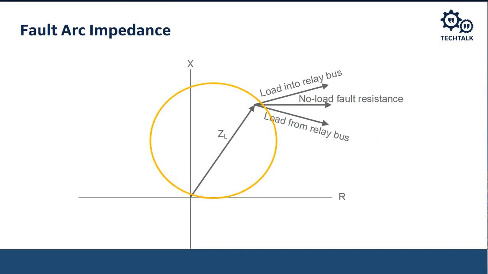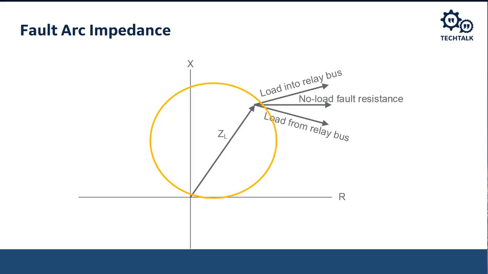And my particular problem for ground faults is that when I have a ground fault, I will very likely have an arc impedance or some fault resistance associated with the ground fault. Now, what I show here is the characteristic angle of a distance element.